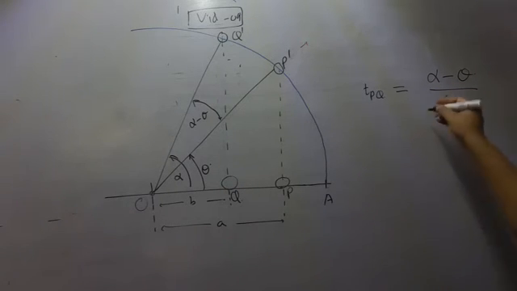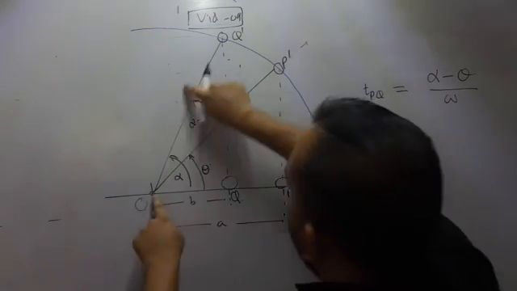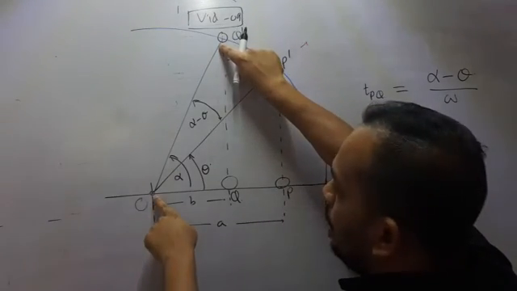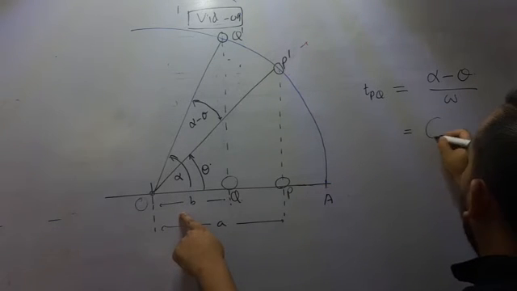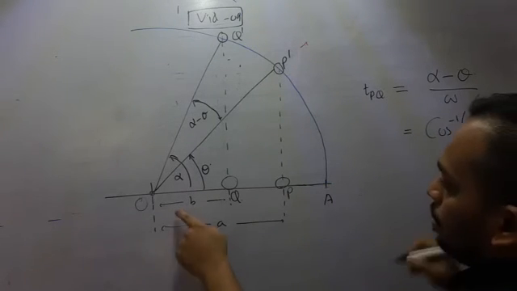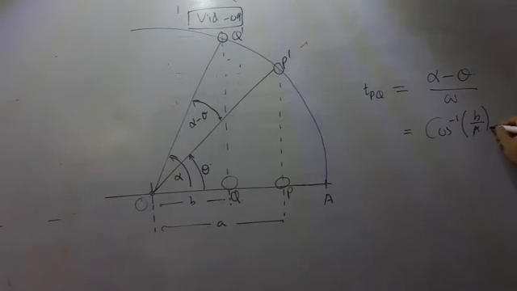So now what is alpha? Alpha is this. Now this is A, the radius A. So alpha is cosine inverse B divided by A. That is alpha.